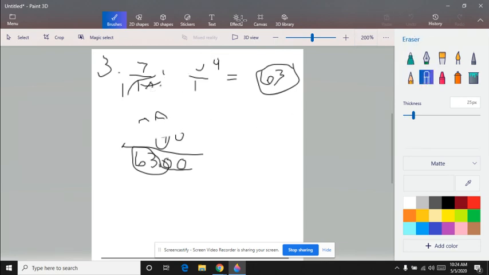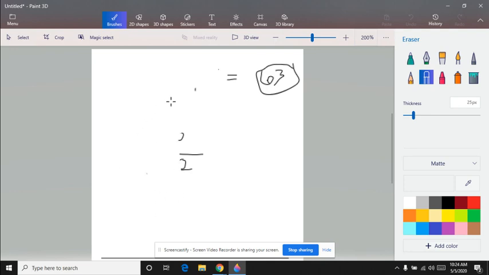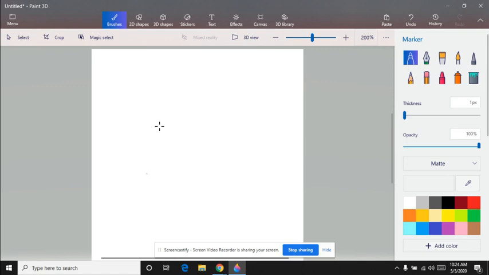And then I'm just going to skip number 4 because it's the same kind of thing. 5% would be 5 100ths as a fraction if you wanted to do it that way, times 80 over 1, just like we did in the last problem. But I'm going to do number 5 real quick just to save us some time. It says solve by writing the percent as a decimal, which is what I showed you in the first place. So 16% is 0.16, and we're just multiplying decimals. 0.16 times 40.